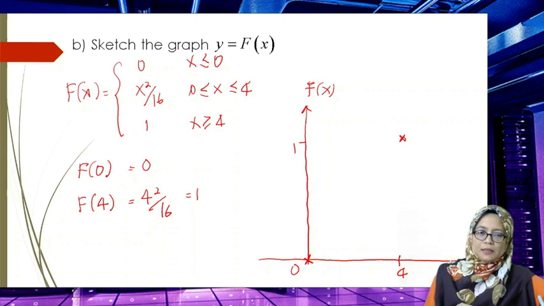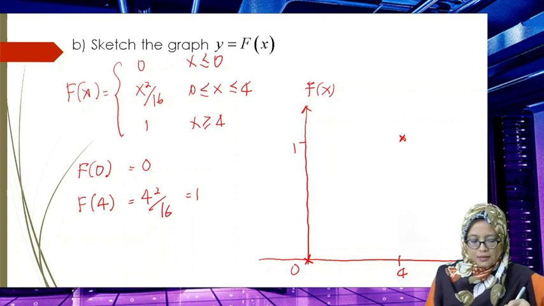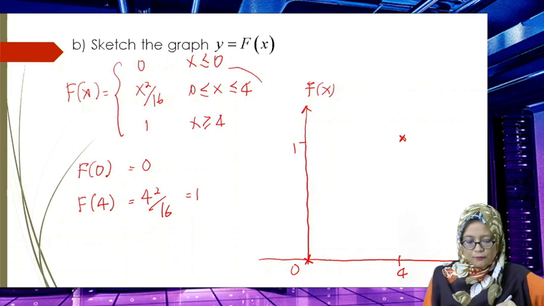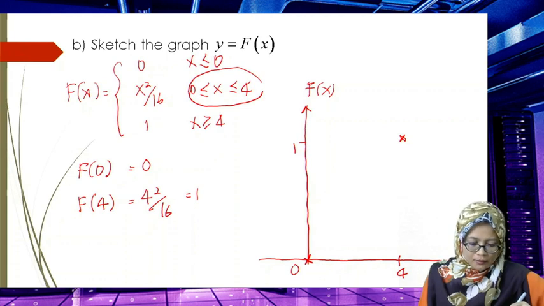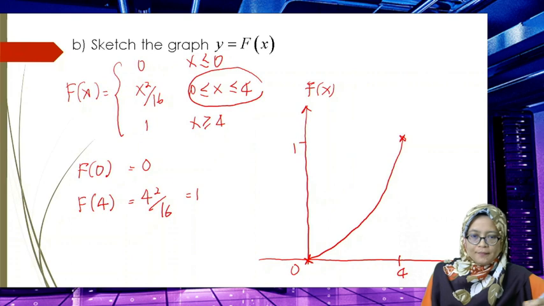Okay, so bila kita dah tandakan titik tu, kita kena tengok balik 0 to 4 ni, graph dia function x square. So x square is quadratic. So maksudnya titik ni akan membentuk curve kuadratik lah. Okay, so then untuk x equal to 4, nilai dia 1.